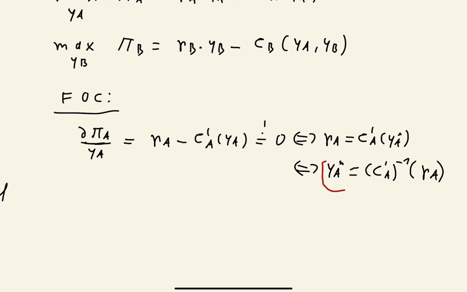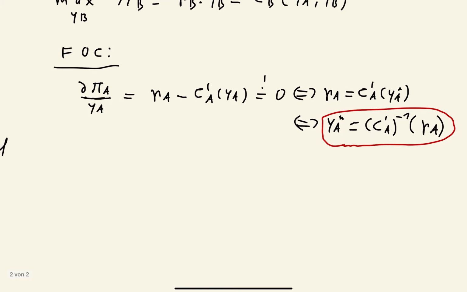Okay, and this is the amount of steel which is produced by firm A. So it's equal to the inverse of the marginal cost function applied on the competitive price of steel. This gives us the exact amount in an explicit way. We get the exact amount of steel which is produced in addition to the amount of pollution which is conducted by firm A.